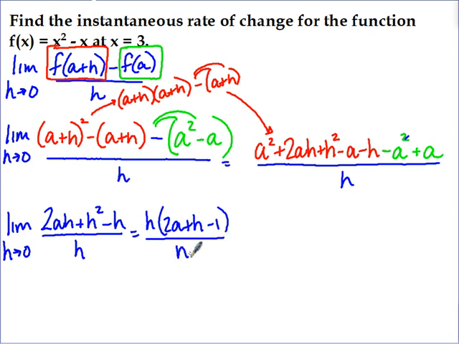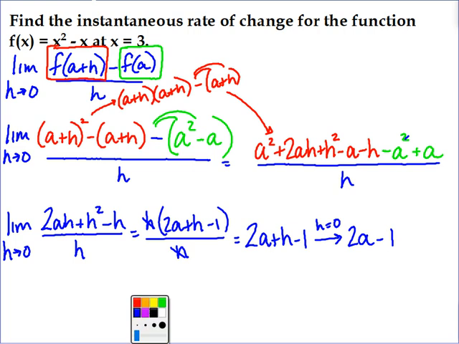Oops, forgot my plus sign. And now that my h's have canceled, now I can plug my limit back in. So 0 goes in for h. So I'm left with 2a minus 1. And now the last step, my x value. So I'm going to have 2 times 3 minus 1, which is 5. So my slope at that point is going to be 5.